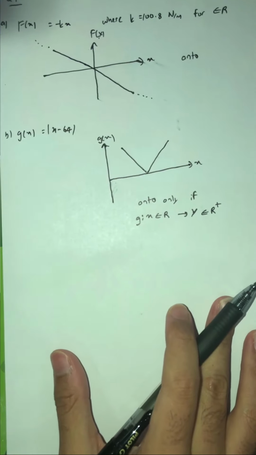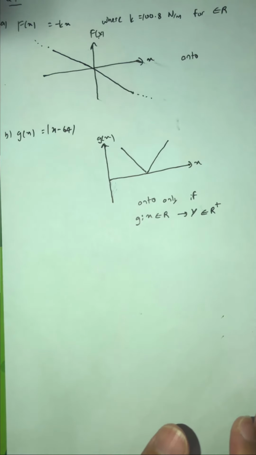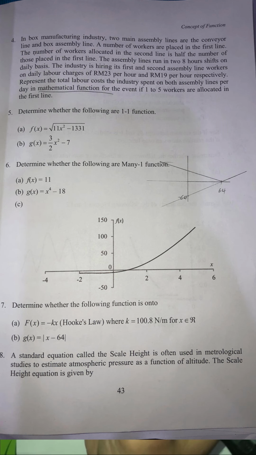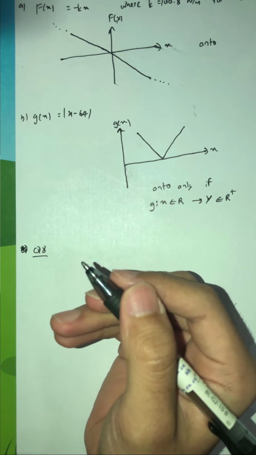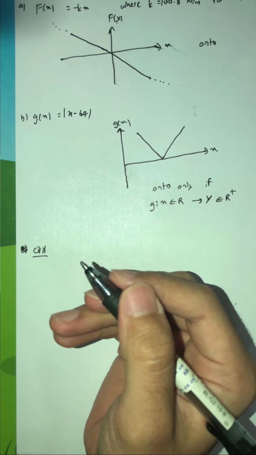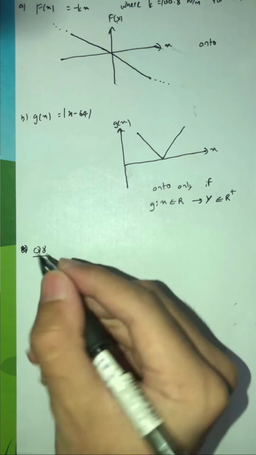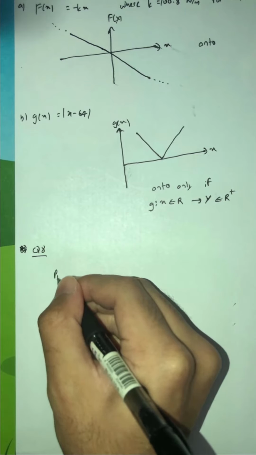Now let's proceed with question 8. Question 8 is very straightforward as well. A standard equation called the scale height is often used in meteorological studies to estimate atmospheric pressure as a function of altitude. The scale height equation is given by this.